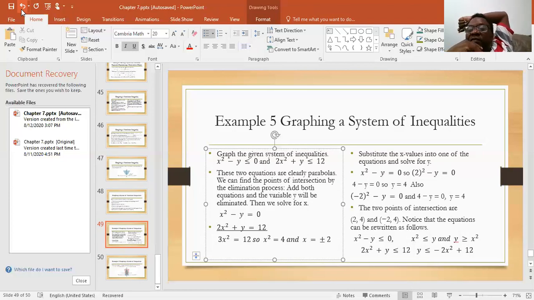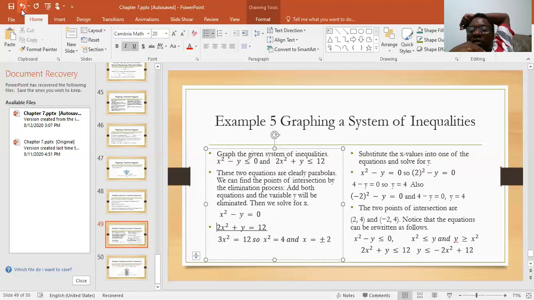If we substitute the x value in one of the equations and solve for y, we have x squared minus y equals 0, so 4 minus y equals 0, so y equals 4. The two points of intersection are 2, 4 and minus 2, 4.